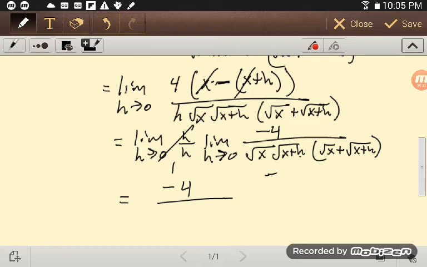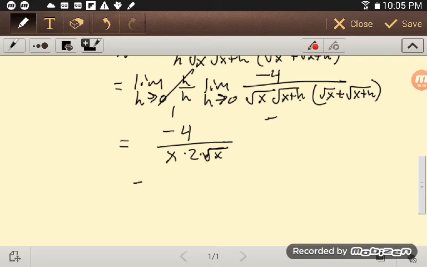So here I have the square root of x times the square root of x, so that's x. And then here I have the square root of x plus the square root of x, so that's times 2 times the square root of x, which is really ugly and I can reduce it anyway. And so I can write this as minus 2 over x times the square root of x.